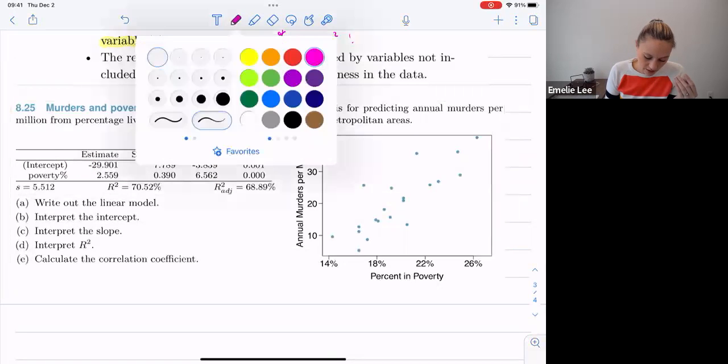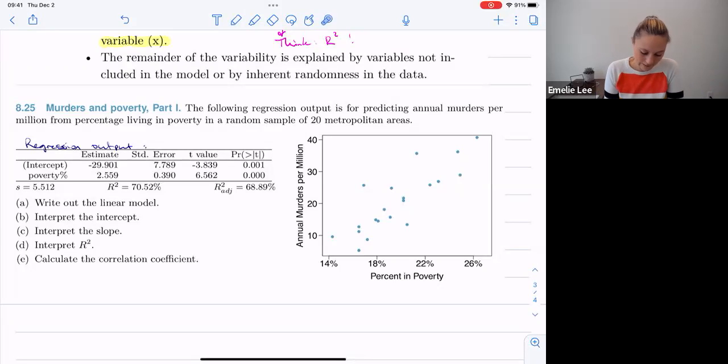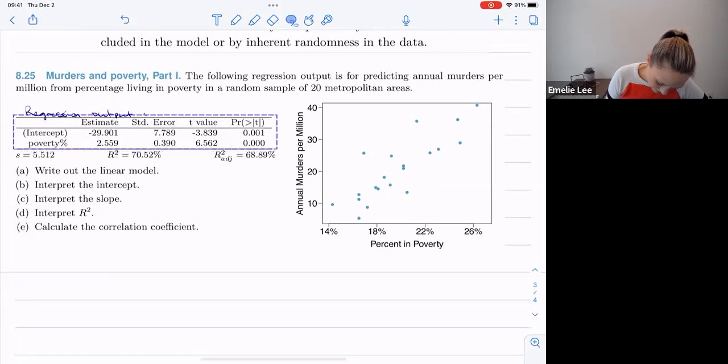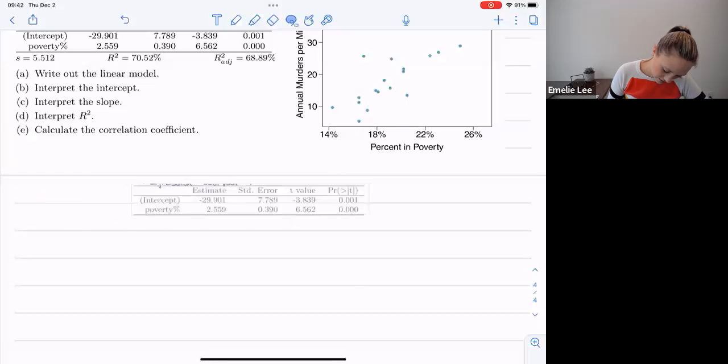Here we have some regression output. Just going through here, we've got the intercept, and then we have the x variable, which means that these estimates are the coefficients of the model. Here, I'm going to focus on this and blow this up. Copy, paste.